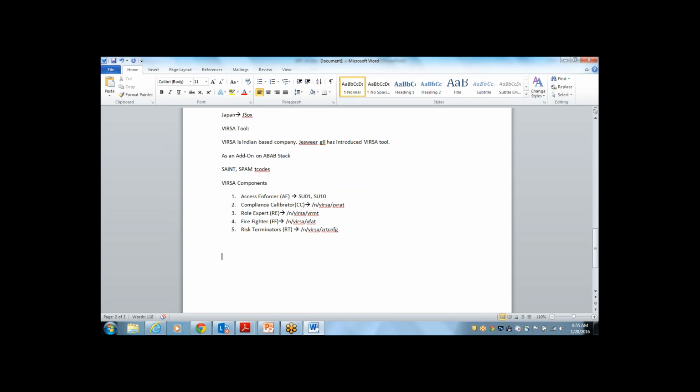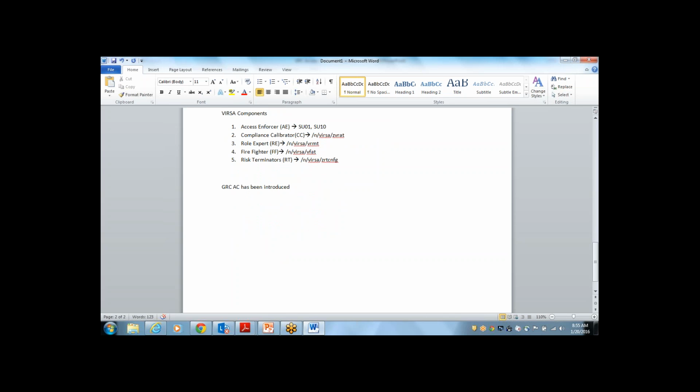So later what happened is GRC has been introduced, by using the same concept of VIRSA. There was a clear agreement between SAP and VIRSA. In GRC, there are solutions provided to the market.